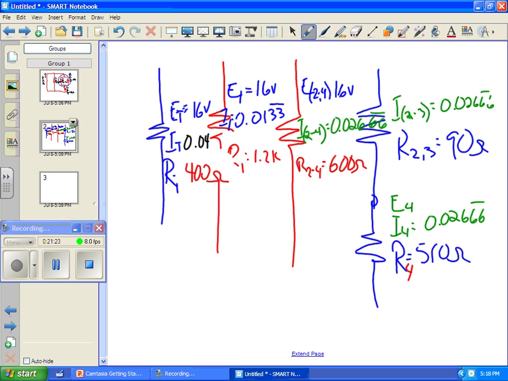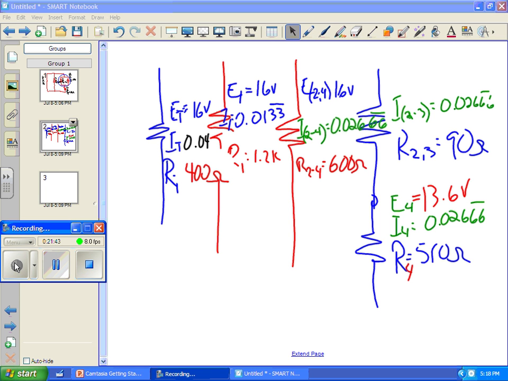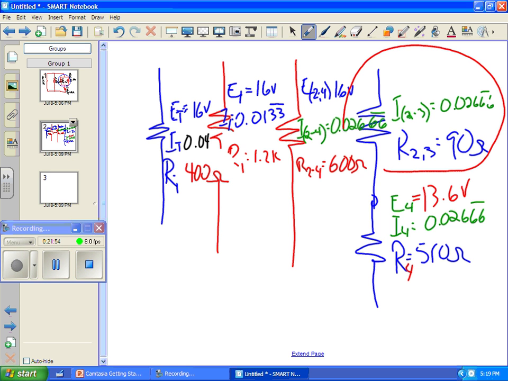So we find a current. Now, if we take this and multiply our 510 ohms by 0.0266666, we get our voltage drop, and that is the last thing we need to know about that one. So we multiply up on our R4, we get 13.6 volts, and that's the last thing we need to know about that, because this simplification right here is two different resistors in parallel.